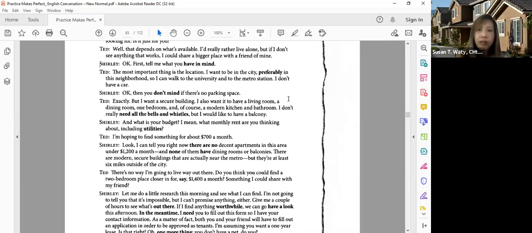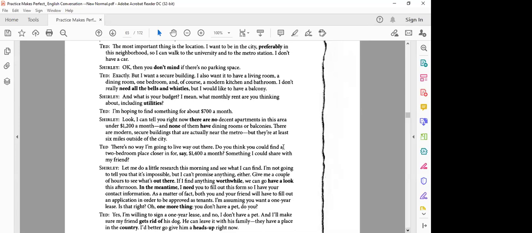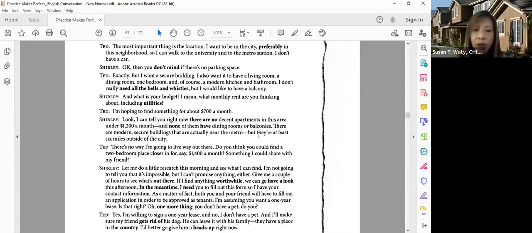Okay, just a little correction, Farin. The intonation is flat because this is an explanation. When you have the nouns with the s, remember to pay attention to that. Dining rooms, with the s, remember that.